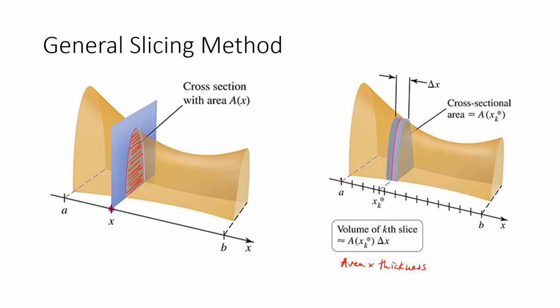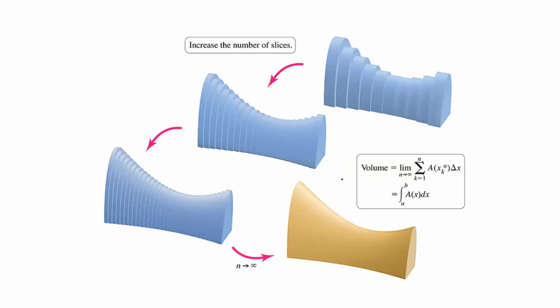But if we do this with infinitely many slices, then it will begin to fill in all those edges and give us the exact volume. So we get the exact volume by taking the limit as the number of slices goes to infinity. So here you can picture it, right? The volume seems to smooth out as we increase the number of slices.